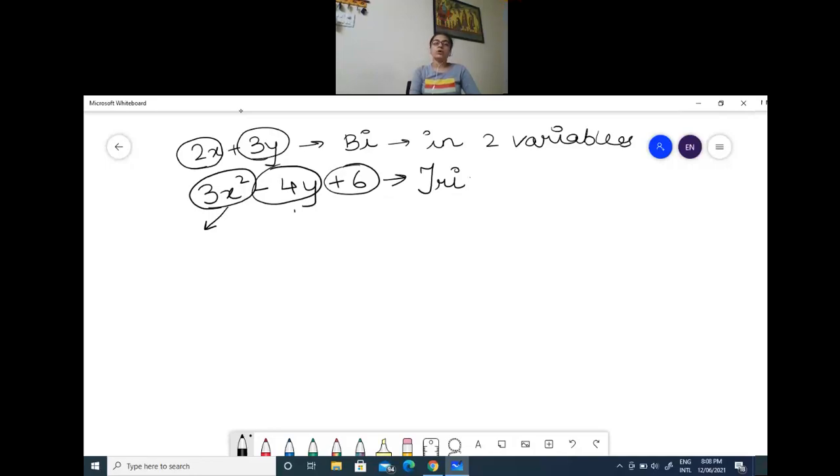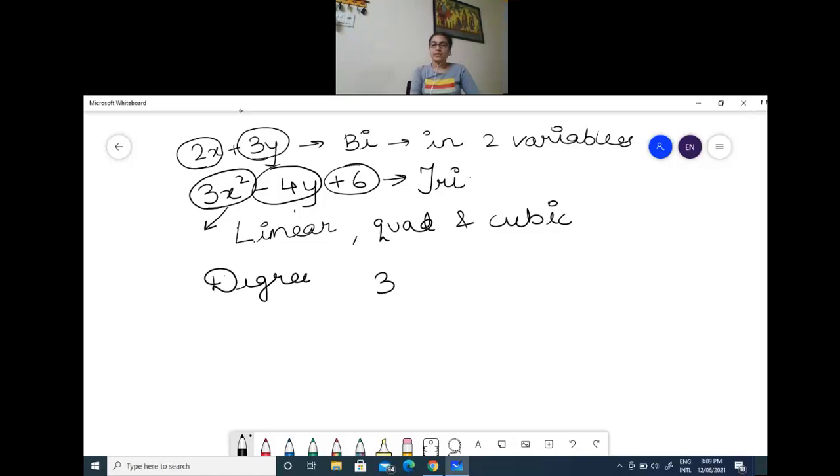Now let us move on to linear, quadratic, and cubic equations. Linear. There is something known as degree when we write down the expression. Suppose if I give you the expression as 3x squared plus x minus 2.